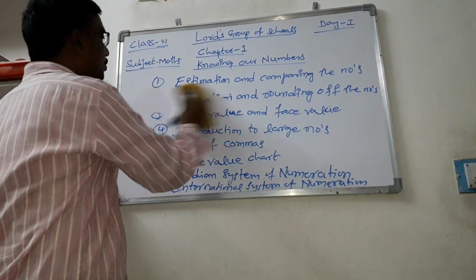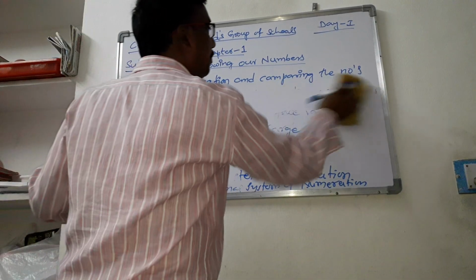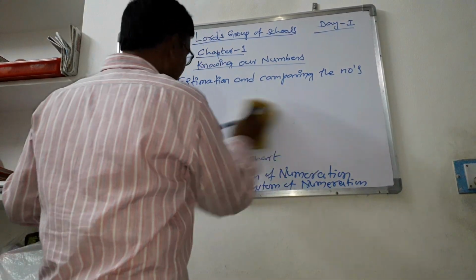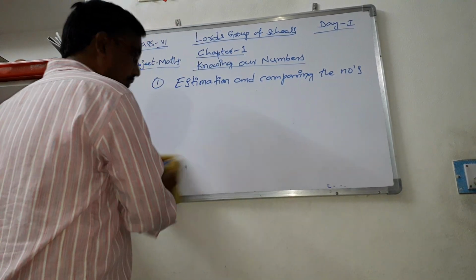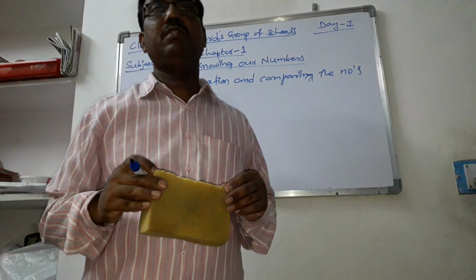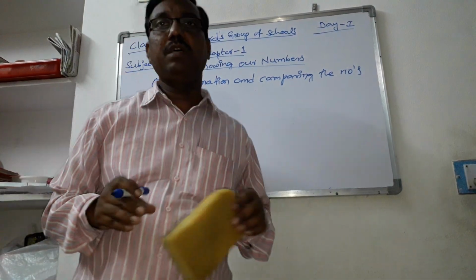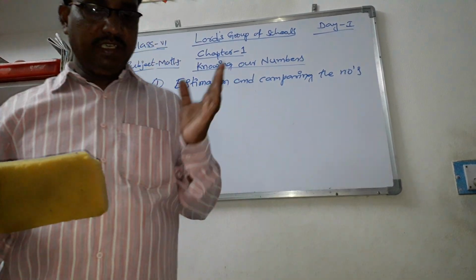So, in the first topic, we are going to learn estimation and comparing the numbers. In this topic, we'll be given some group of numbers. From them, we'll compare and write which is the smaller and which is the greater number.